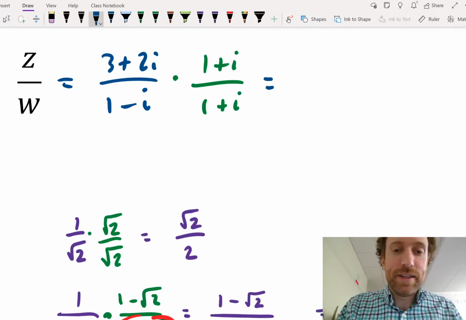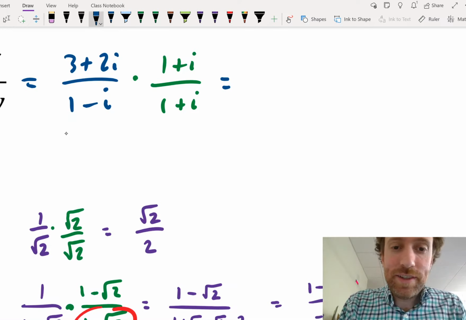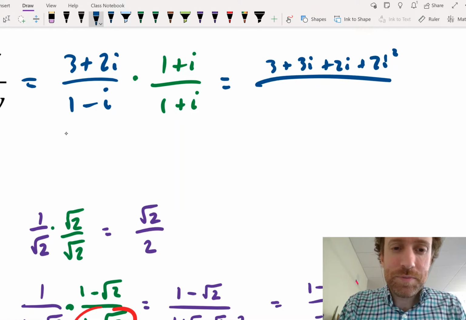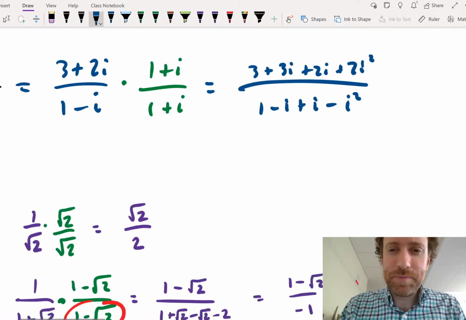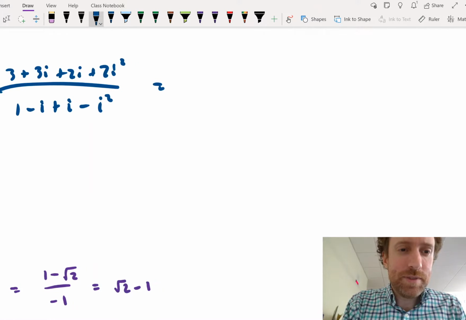Okay, here I go. I'm going to multiply on the top very carefully. So 3 plus 3i plus 2i plus 2i squared over 1 minus i plus i minus i squared. I think I did that right, maybe. This becomes 3 plus 6i minus 2.